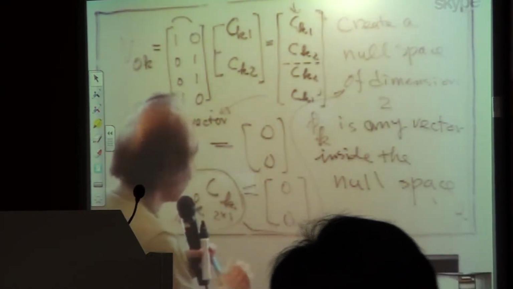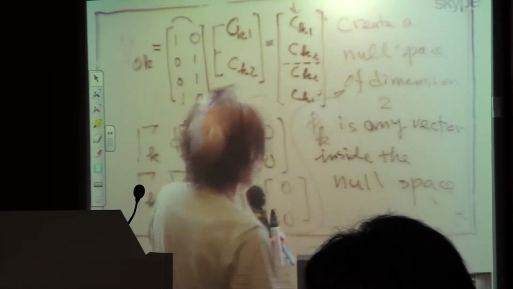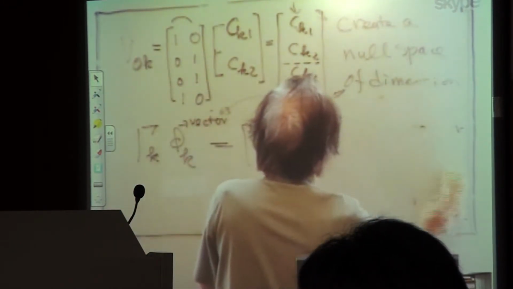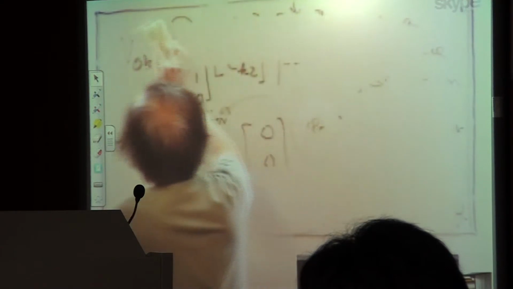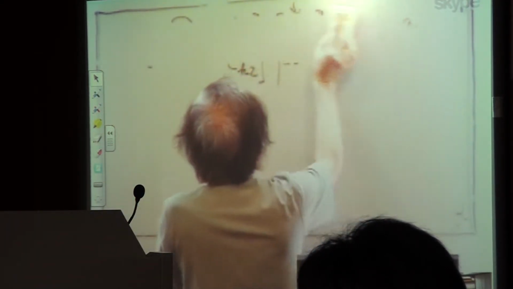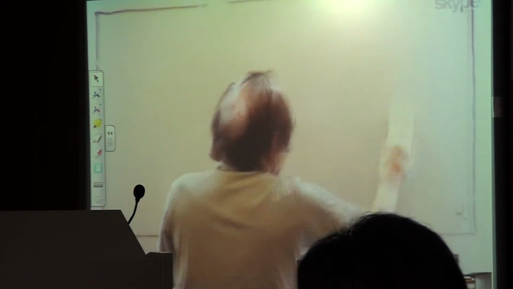Let me erase that, so that I have space to explain what it means on the screen. Because the full phi K is long, it can be divided into two terms.